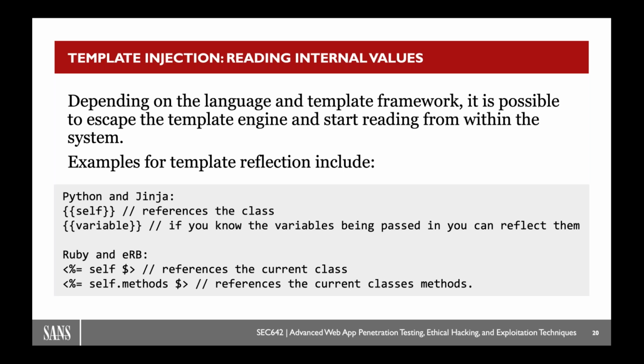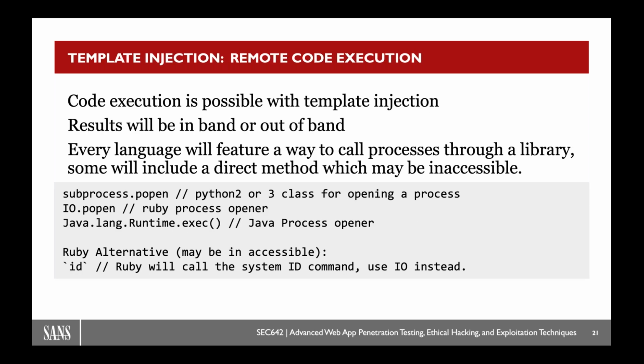Now, because method inheritance and the ability for you to read these values exists, you should realize that many of the languages you deal with also allow you to run operating system processes within the application. So here is an example of rendering code execution depending on the language underneath.